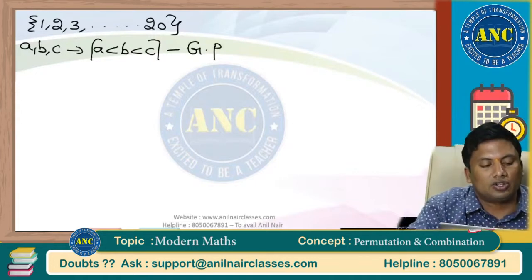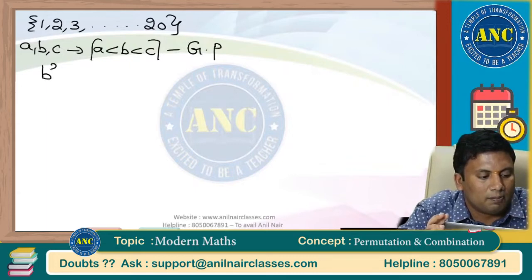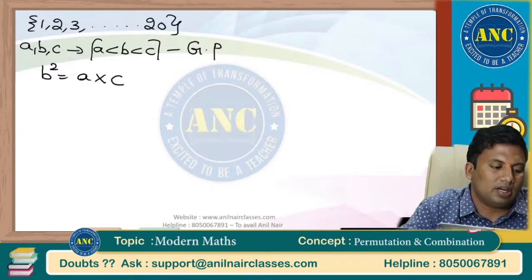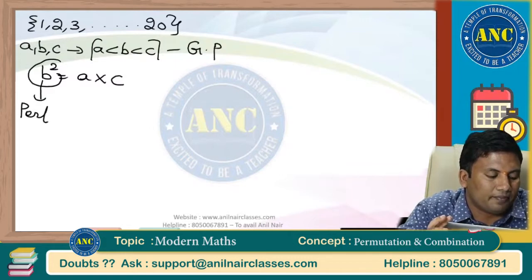If they are in geometric progression, B square equivalent to A into C. Idea is B square is a perfect square.